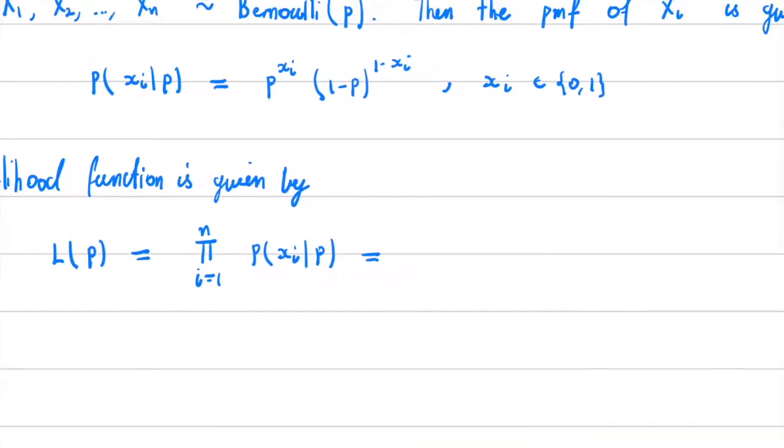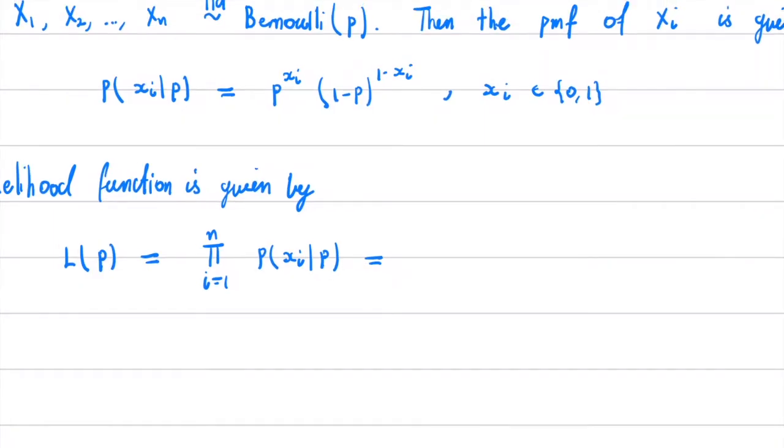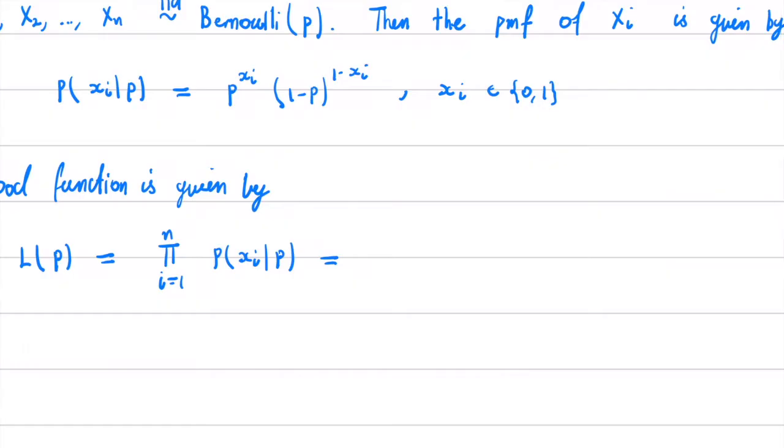In other words, you can think of it as the joint PMF of x1, x2, all the way to xn. So we're going to substitute our formula up here. So that becomes the product from i equals 1 to n of p to the xi, 1 minus p to the 1 minus xi.